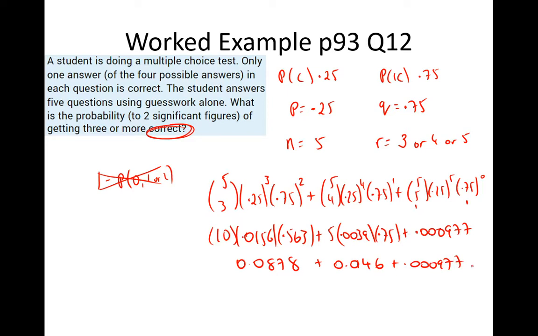So if you add those three together, let's see, 0.0878 plus 0.0146 plus 0.000977, and that comes out as 0.103. Corrected to 2 significant figures, that means you keep these 2 and drop that. Answer 0.10. Okay.